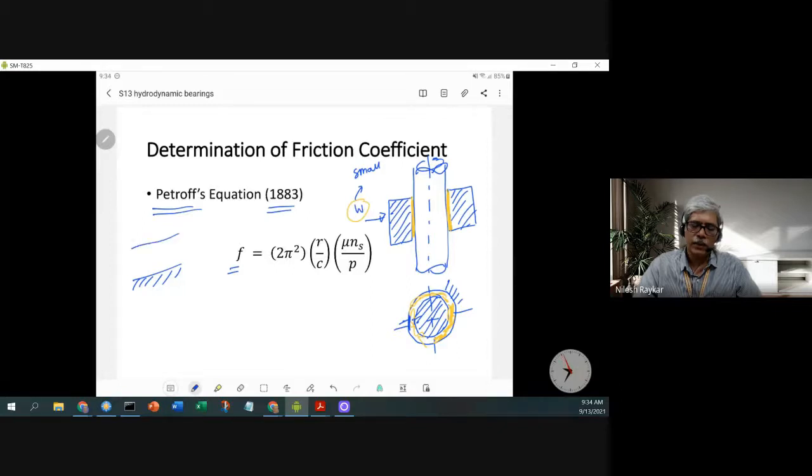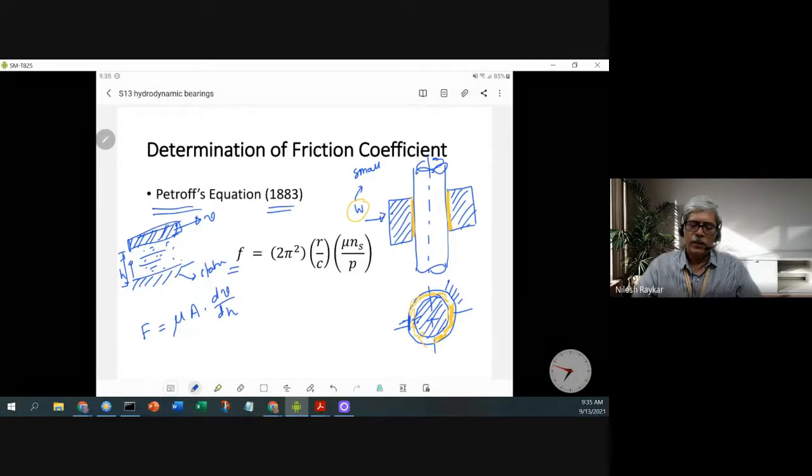When you have two bodies sliding with respect to each other, say a plate moving at velocity v, with a gap h and a fluid in between, and let's assume the bottom plate is stationary, then the frictional drag force exerted on both the top plate and the bottom plate because of the viscous drag, which you have learnt in fluid mechanics, is given by mu A dv/dy, where y is the vertical direction and x is the horizontal axis.